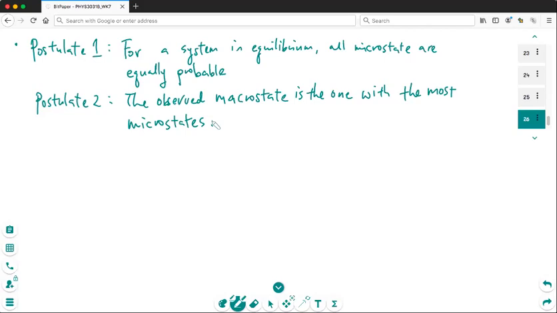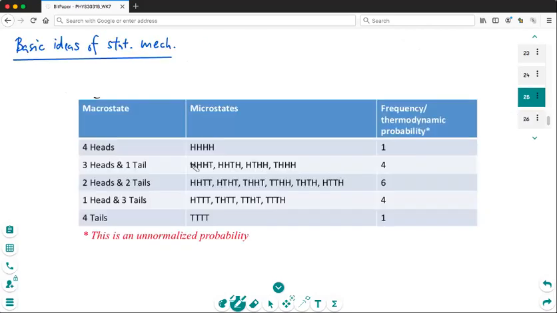These are the two very important postulates that we need to use. So for the coin problem, you will have 6 microstates here, corresponding to the macrostate of 2 heads and 2 tails. So that is the language we want. You have 6 microstates corresponding to 2 heads and 2 tails, and this is 1 macrostate.